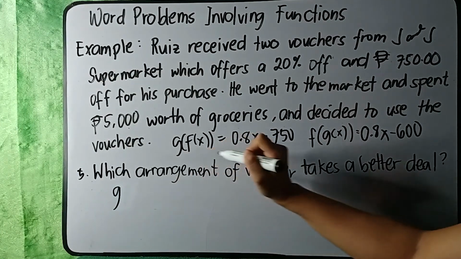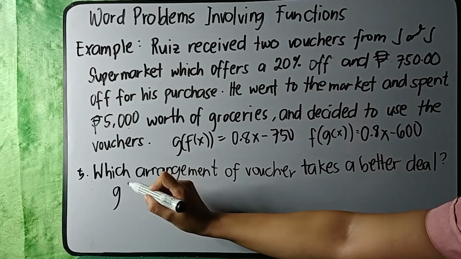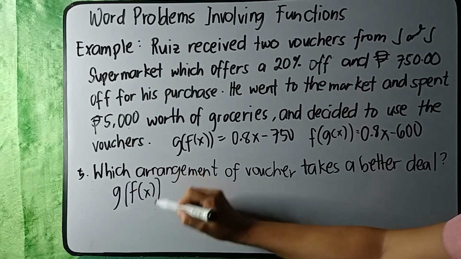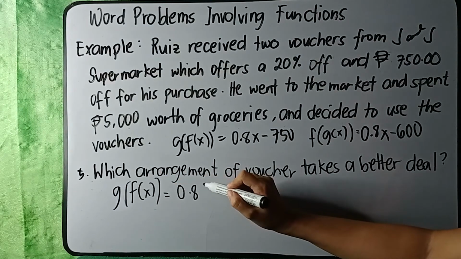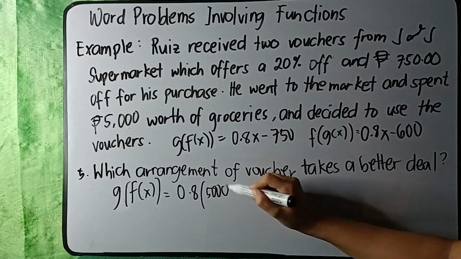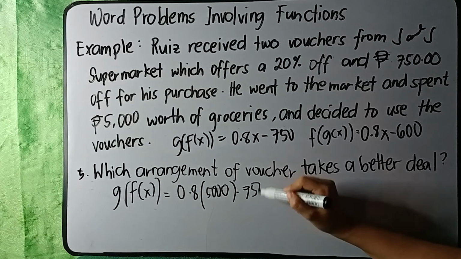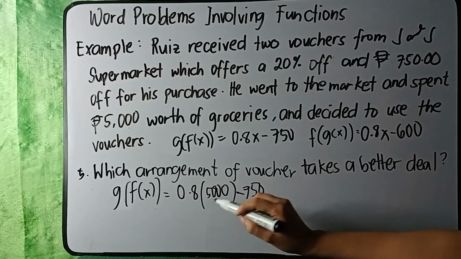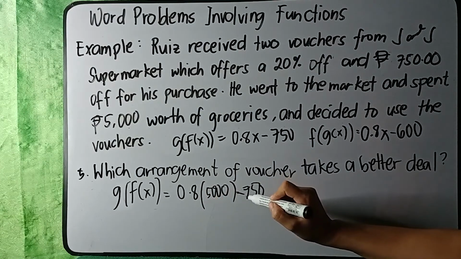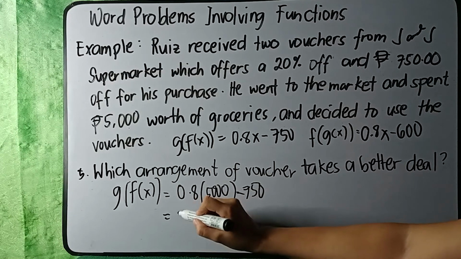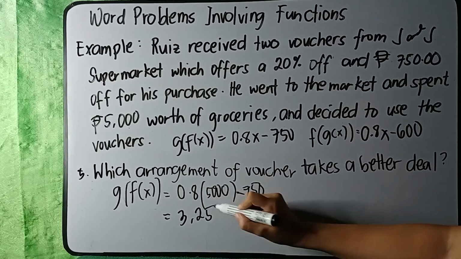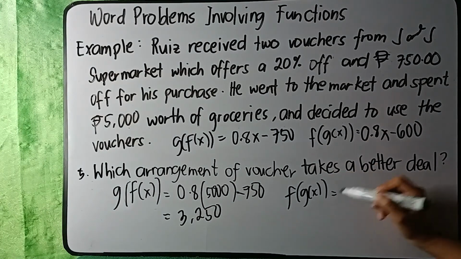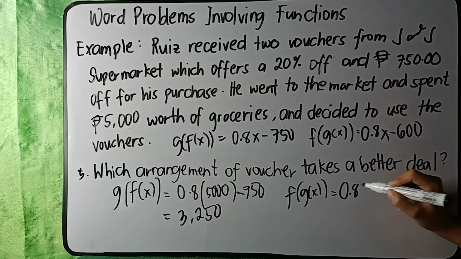by substituting our x, which is the total amount, 5,000. For g of f of x: 0.8 times 5,000 is equal to 4,000, minus 750, that is equal to 3,250. For f of g of x, let's substitute our 5,000, our x.